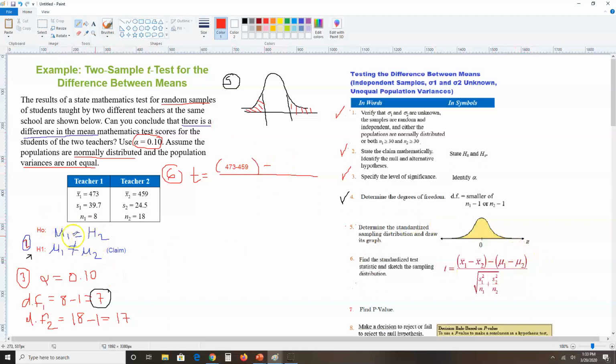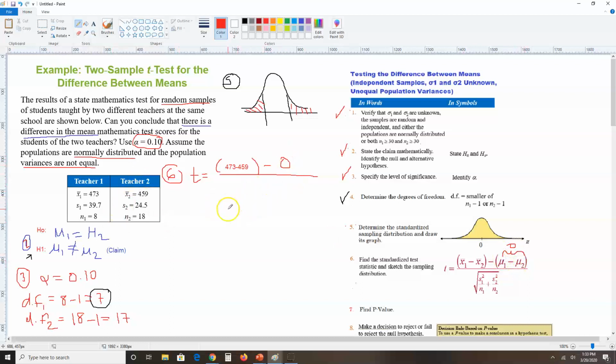Now, because we are assuming there is no difference, that's what we usually do, that means that the means of the two populations are equal. And if the means of the two populations are equal and you subtract them, that's why you always get 0 here. So I'm going to put 0 there.